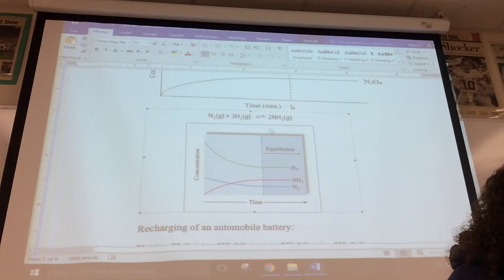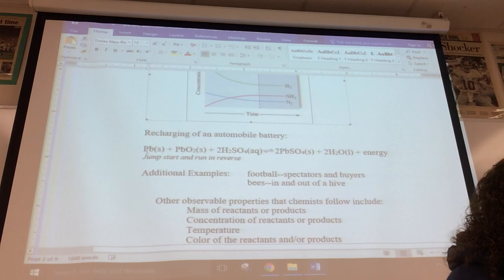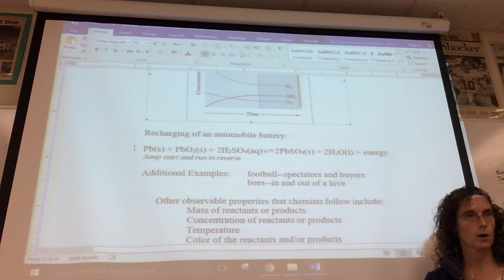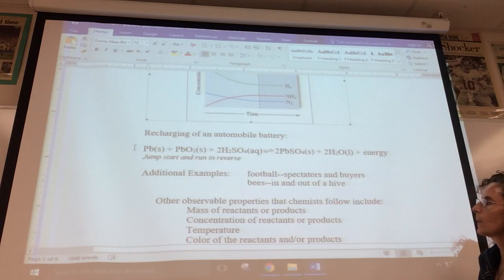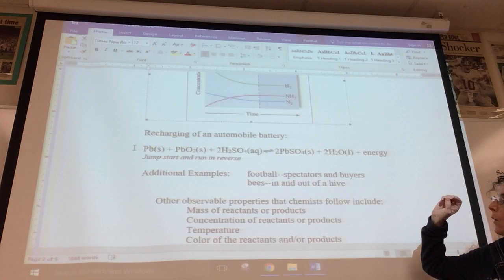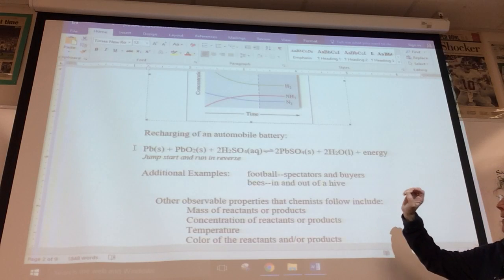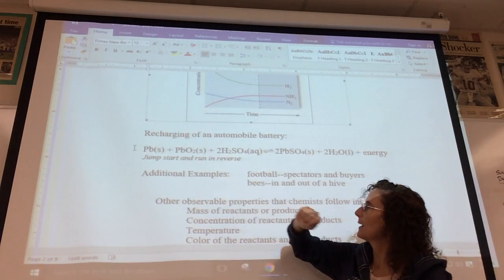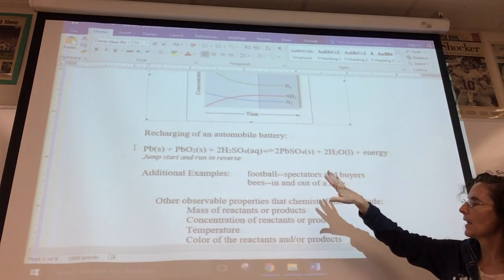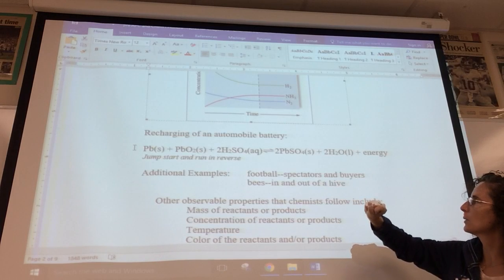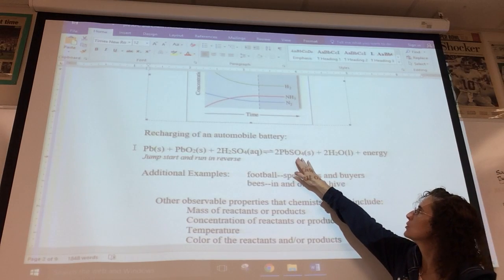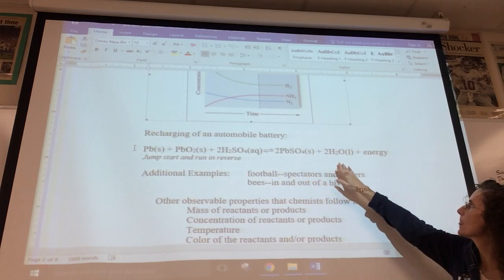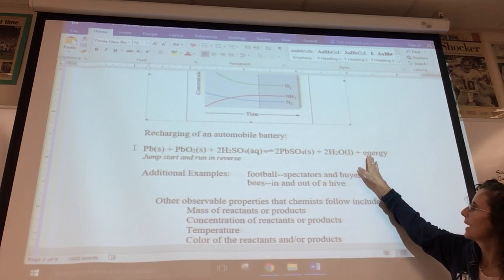Reversible reactions are very common. You see this, for example, with recharging of an automobile battery, recharging of our newer type of rechargeable batteries. A battery contains sulfuric acid, and it's got lead and lead 4 oxide, and when those 3 reactants react, they generate lead 2 sulfate, water, and energy.